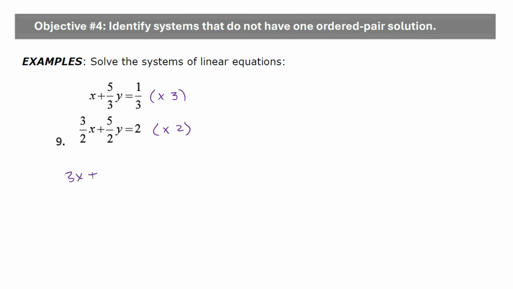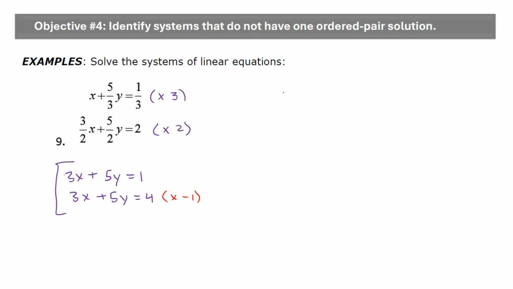3x plus 5y equals 1. 3x plus 5y equals 4. Okay. So we need to now choose a variable to eliminate. We can do the x or the y. So let's do x. So we'll multiply this by -1.